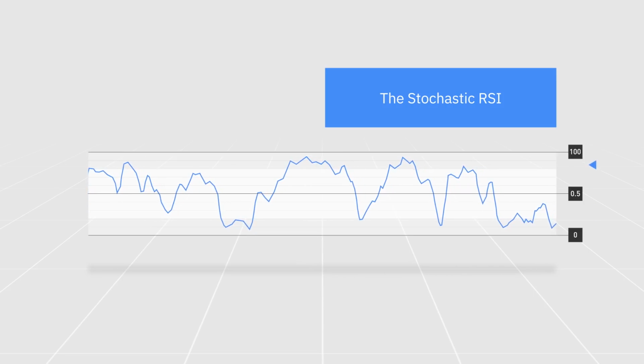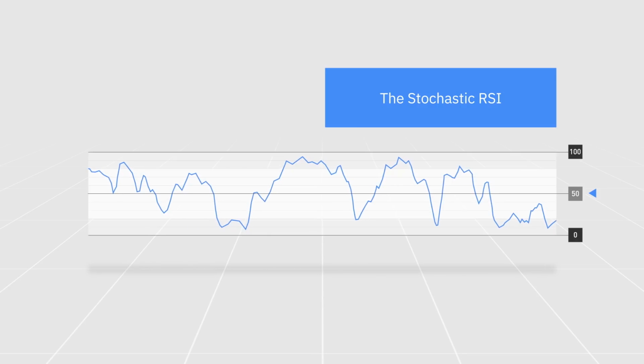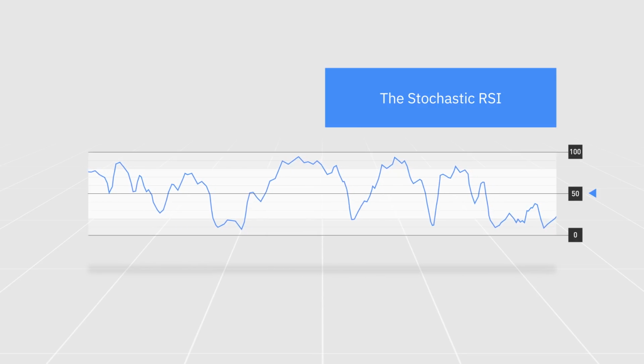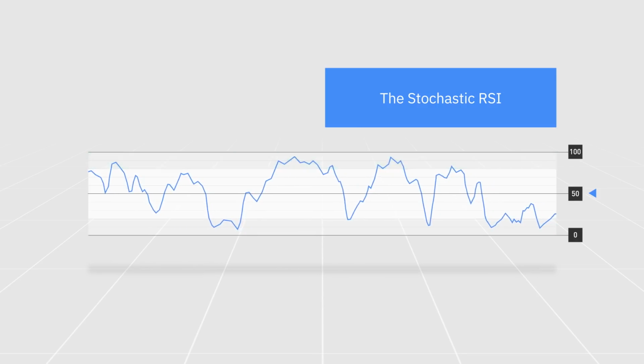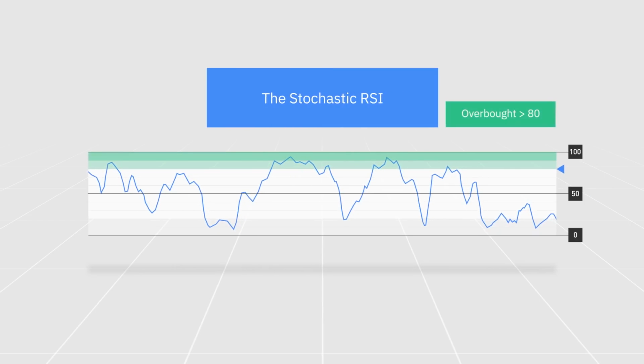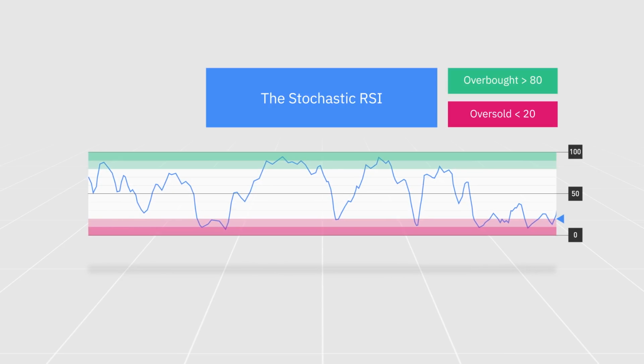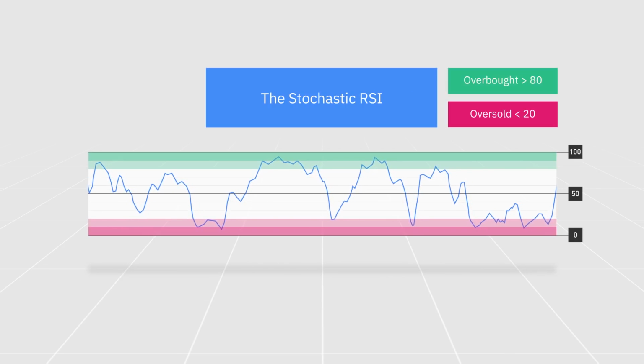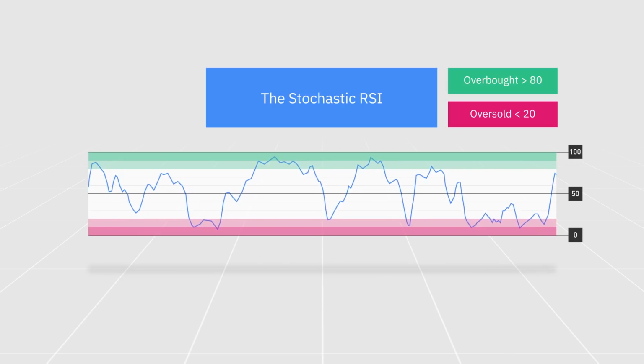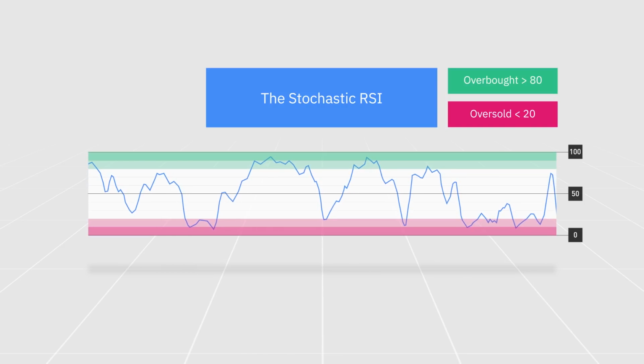On these charts, the centerline is at 50 instead of 0.5, meaning that the overbought signal that usually occurs at 0.8 would be at 80, and the oversold signal at 20 rather than 0.2.